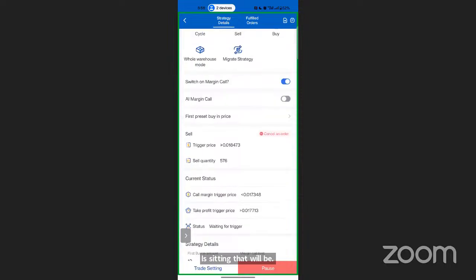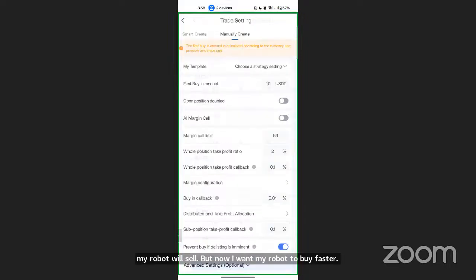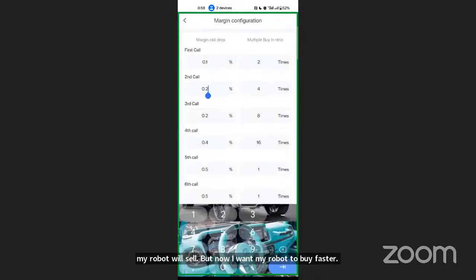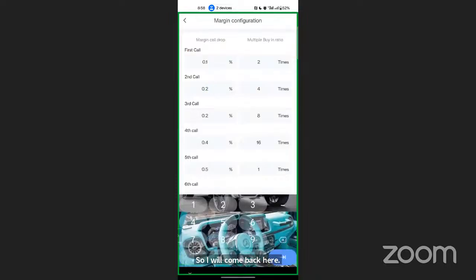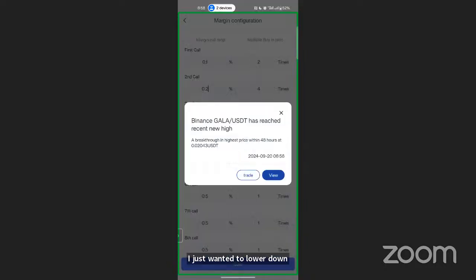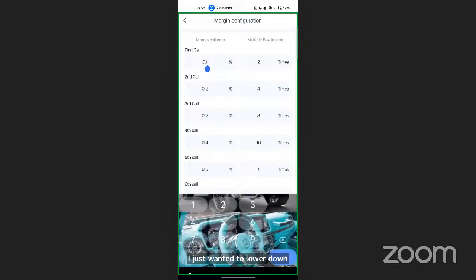But now I want my robot to buy faster. So I will come back here. These margin calls are okay. I just wanted to buy faster, at least the first two.